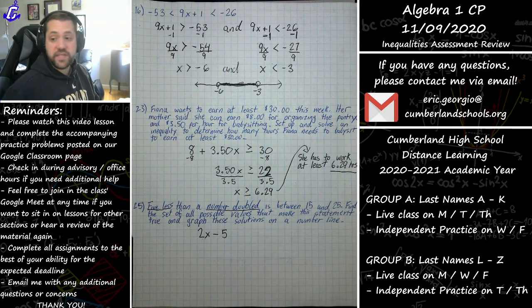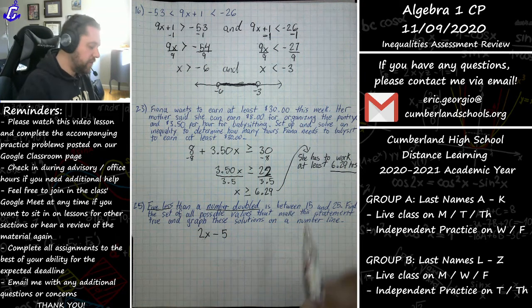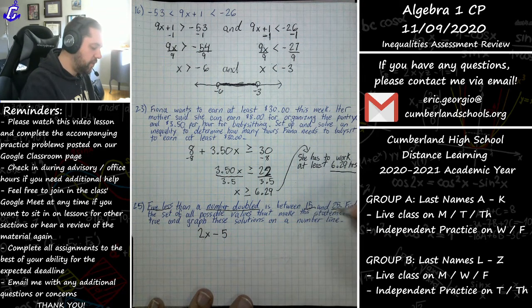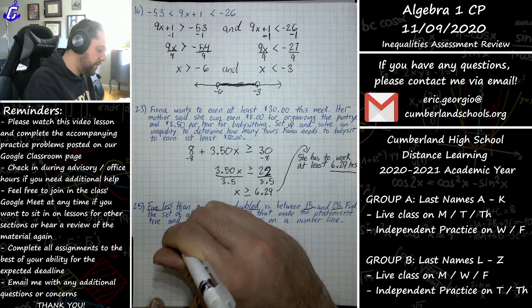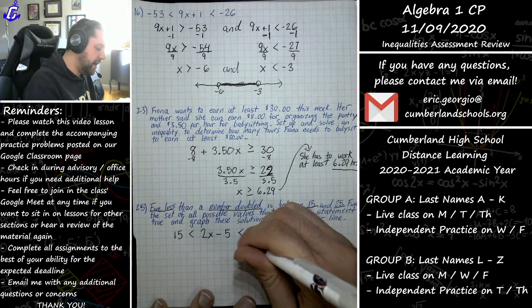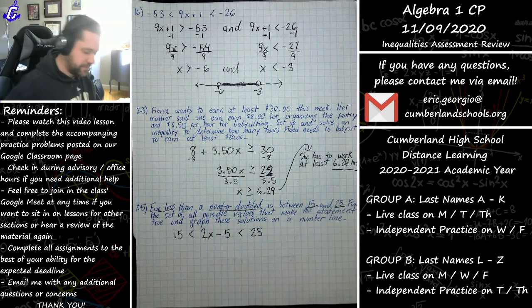Now, what are we saying about that value? Well, we're saying that that value is between 15 and 25. So that means that this has to be greater than 15 and at the same time less than 25. See how it's sandwiched right between 15 and 25?